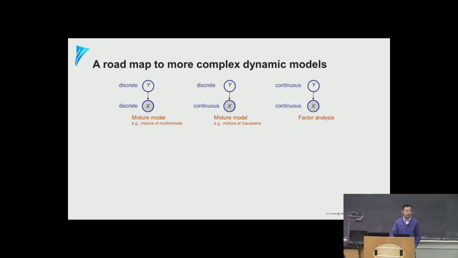The mixture model is a model where you have the observation x, and then you have some hidden variable y, which indicates the source of that observation x. You can imagine x to be a discrete random variable such as word frequency, or it could be a continuous random variable such as temperatures and other measures.